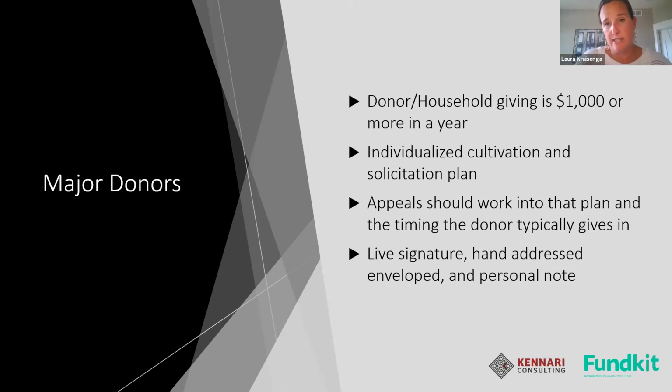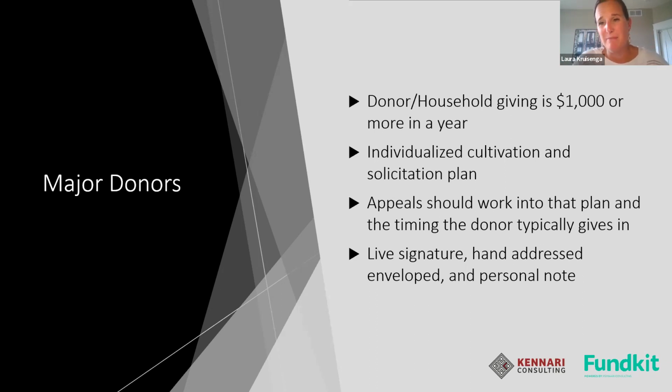For most organizations, we would define a major donor as somebody giving $1,000 or more in a calendar year, so in 12 months. For some of you, it might be $500 a year or more. For some of you, maybe $2,500 or $5,000. It's not more than that.